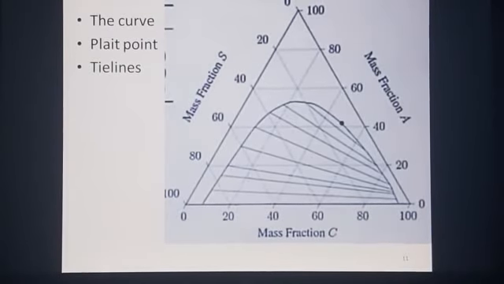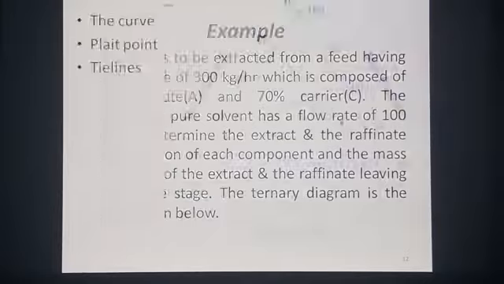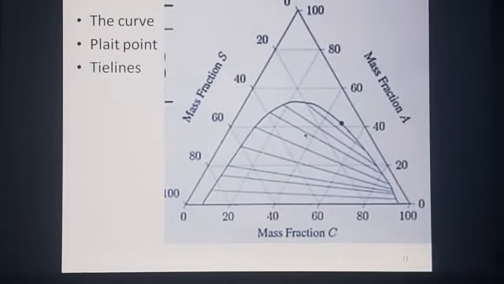So this means that if you have any mixture inside the binodal curve which is enclosed by the binodal curve, and if you have the tie line that passes through this mixture point, we will have an extract composition here and a raffinate composition here, which means that since the extract and raffinates are in equilibrium, they should be on the binodal equilibrium curve. So each and every tie line in here represents the extract and the raffinate that are in the same stage.